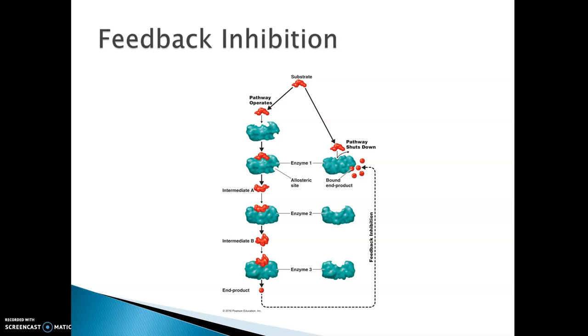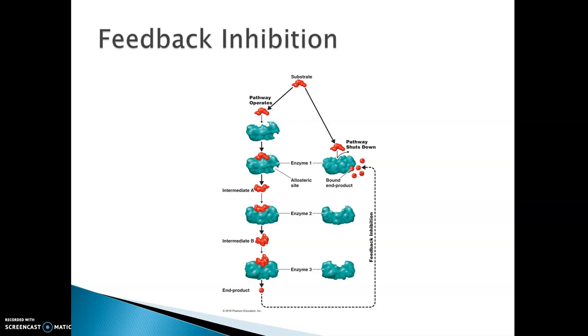This is just showing a negative feedback loop, and occasionally this type of feedback loop would be considered another version of inhibition, but it's a more natural type of inhibition. It's basically how cells control which enzymes are on and which enzymes are off.